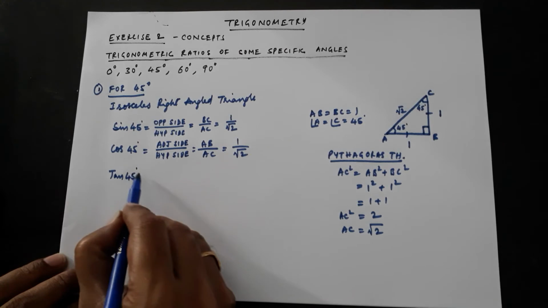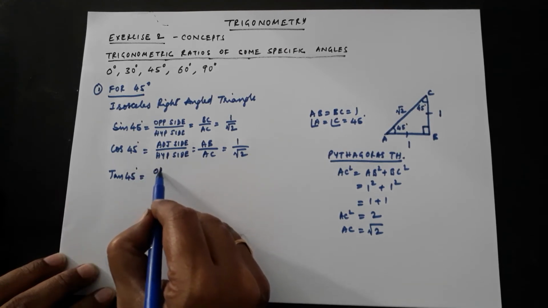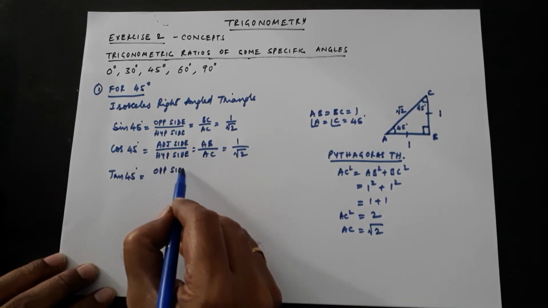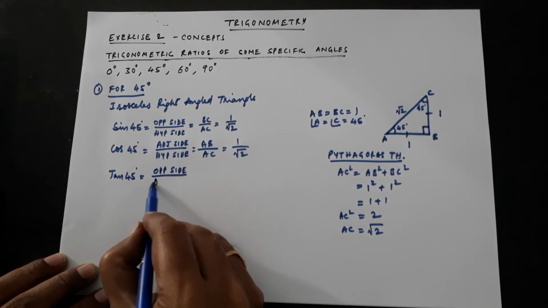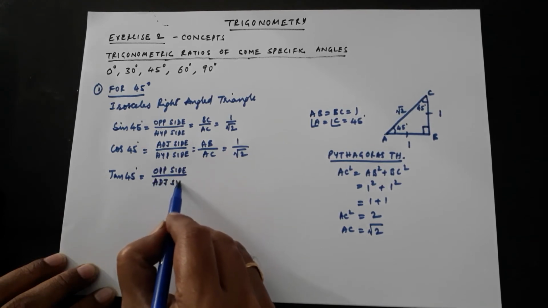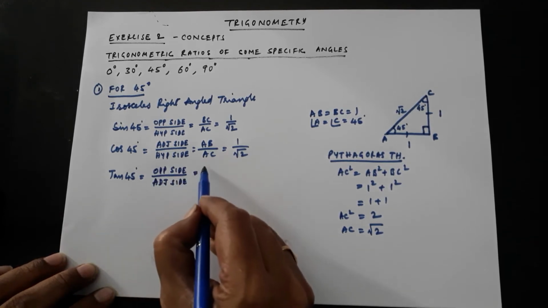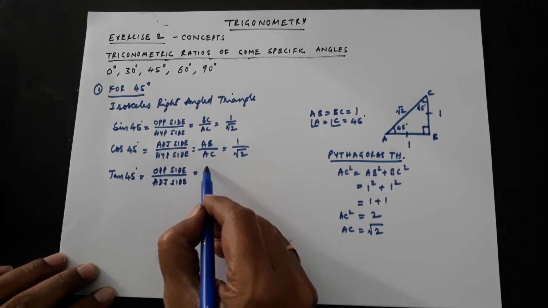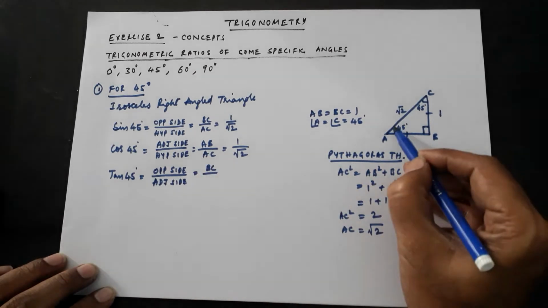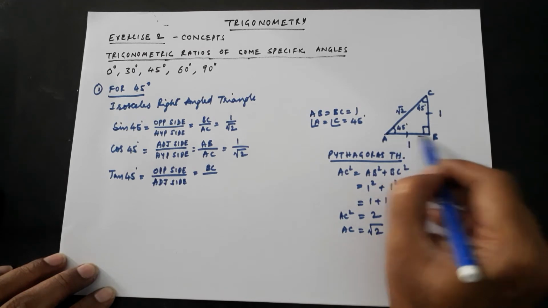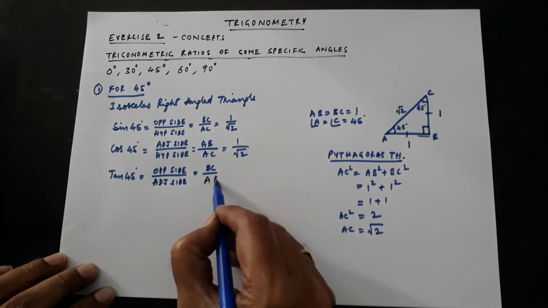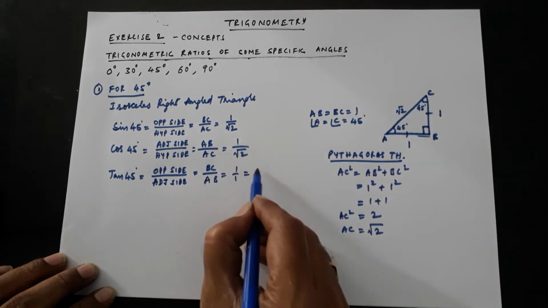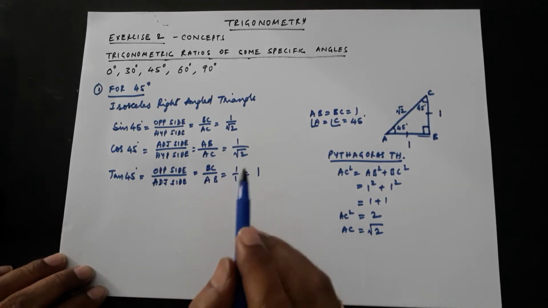Tan 45 degrees equal to opposite side divided by adjacent side. Opposite is BC, adjacent is AB. That is 1 by 1 equal to 1. So tan 45 is 1.